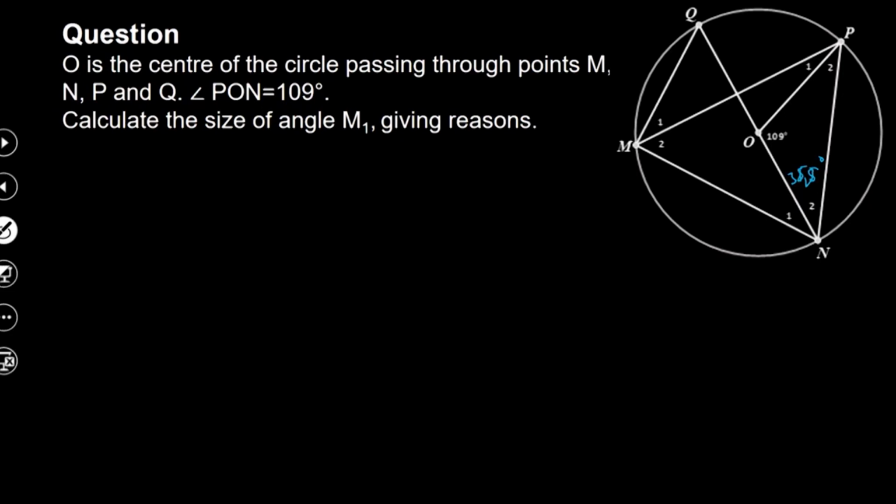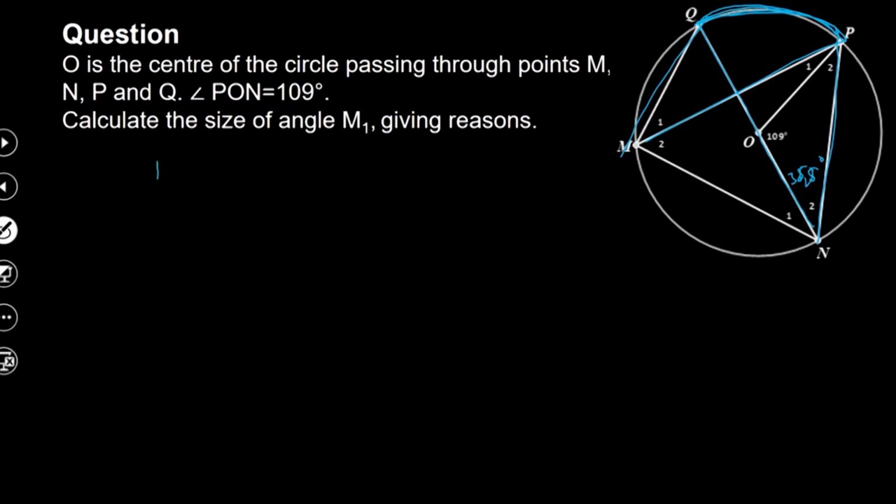So to find M1, you can see that this chord here, or this arc here, is what subtends this angle here, right? And the very same chord also subtends the angle M1. So you do need to use your highlighters, guys, to see what I'm saying right now.